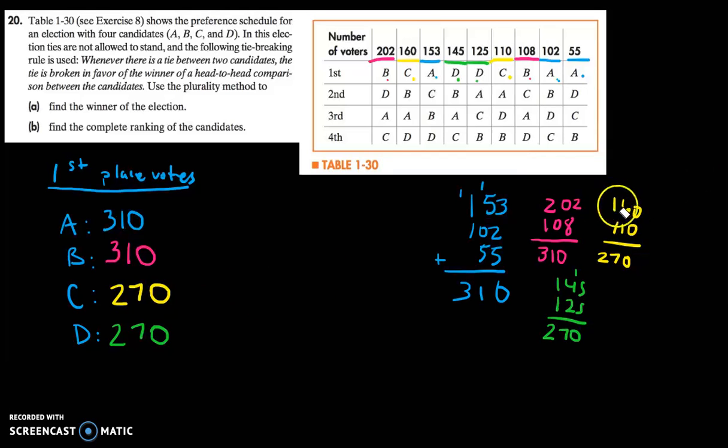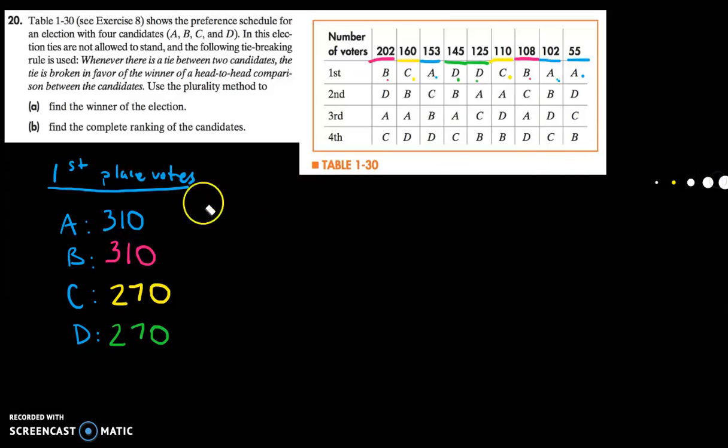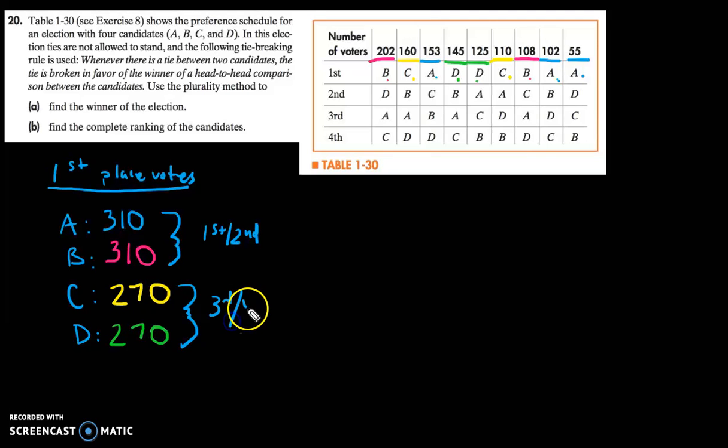Okay, so if we look at where our tie's happening then, it looks like A and B have the most, so they're tied for first. And then C and D are tied for technically what would be third, because one of these people is going to get first or second. One thing to keep in mind when we start doing the head-to-head is to not forget that these two could either get first or second, and these two could either get third or fourth.